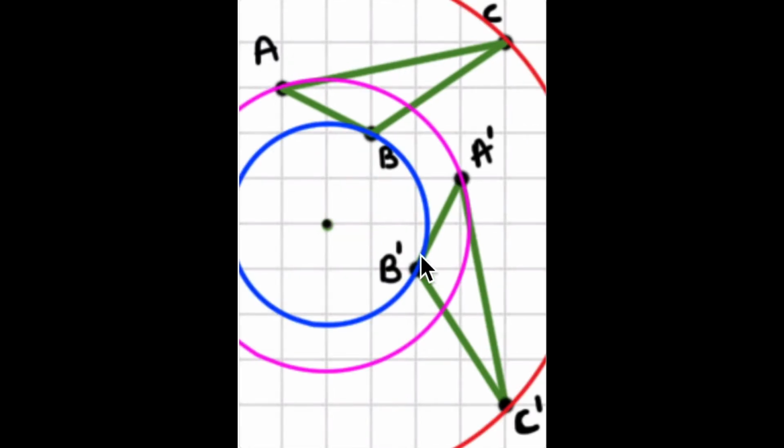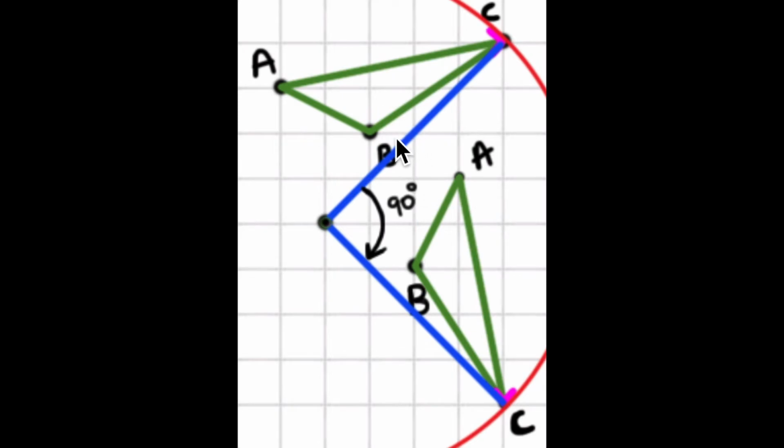And C, the same idea. Here's a concentric circle for C. Here's A, and here's B. Now C is going to rotate 90 degrees around the center of rotation. So this is a 90-degree angle, and C ends up down here.